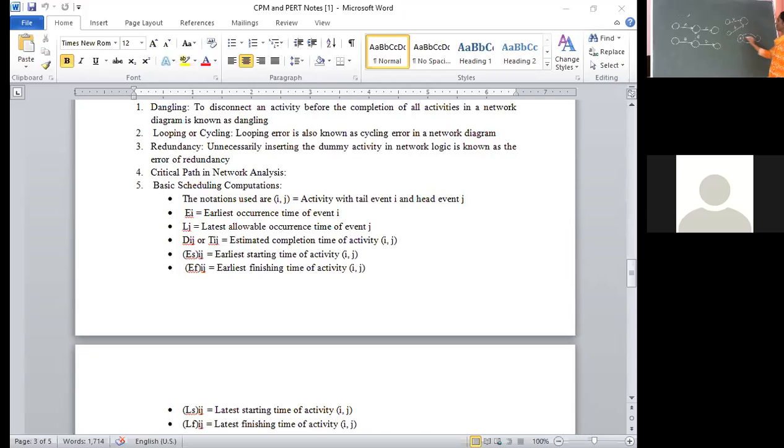If A goes to B, for example, 1 goes to 2, representing the activities A and B in network construction, 2 should not go back to 1. This is not allowed. Later we will discuss the dummy concept. In network construction, looping is not allowed. When looping comes, only then will we use the dummy activity concept. Clear?